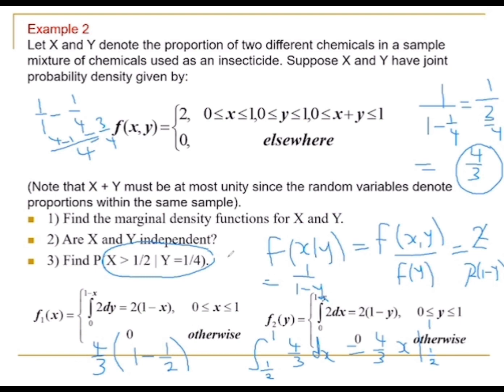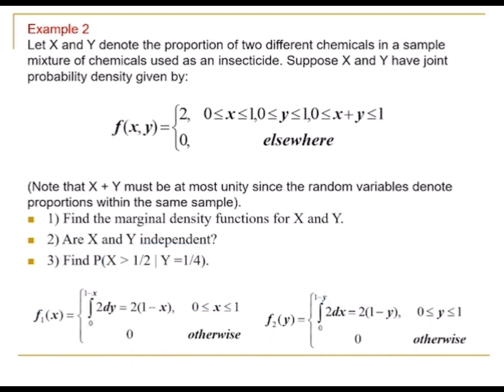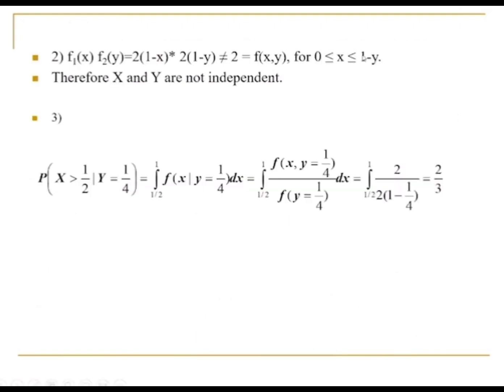So I'm going to have 4 over 3 times half, and the 2 goes here too, which is likely going to give me 2 over 3. Let me see what I got on the other hand. That's exactly what I got. So 2 over 3, take a look at that.